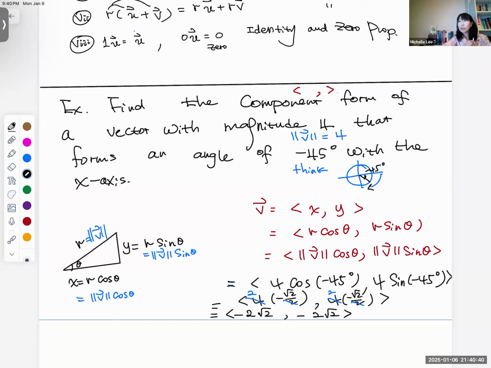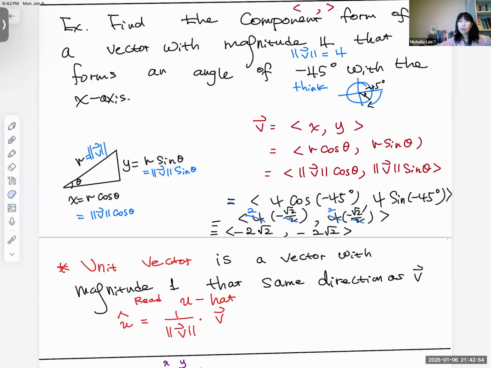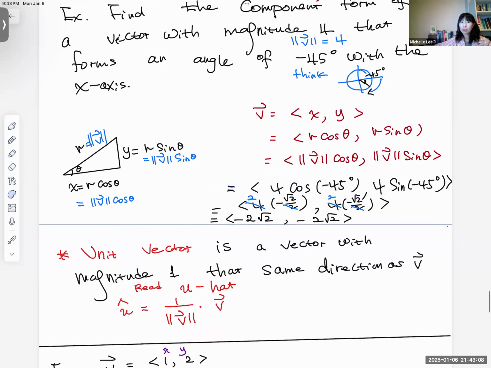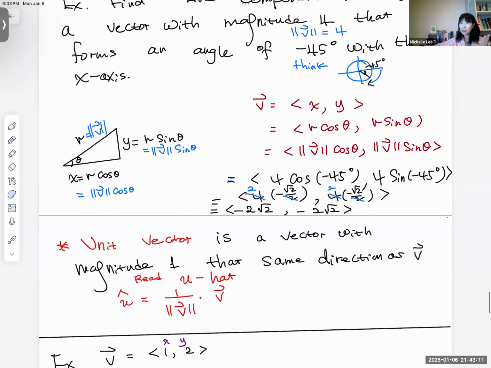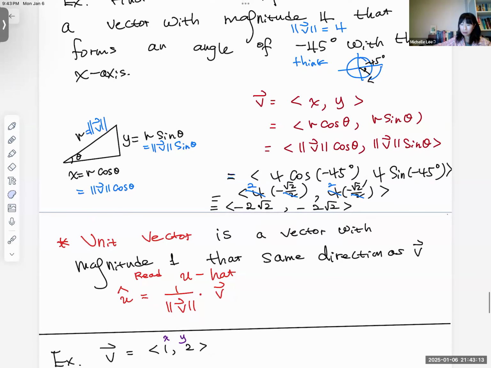Okay. Another terminology, unit vector. We learn a lot, right? So a unit vector is a vector with magnitude 1 that has the same direction as a vector v, right? We use u hat.